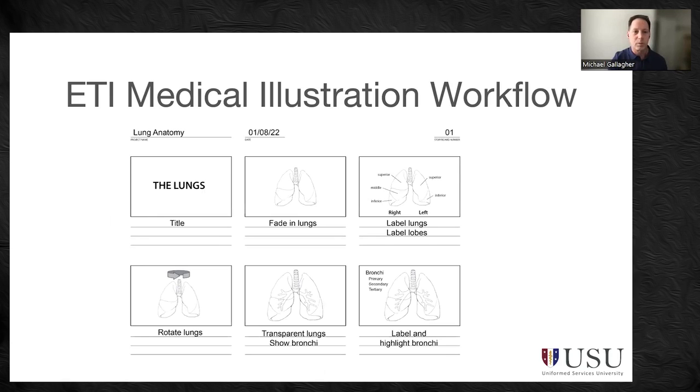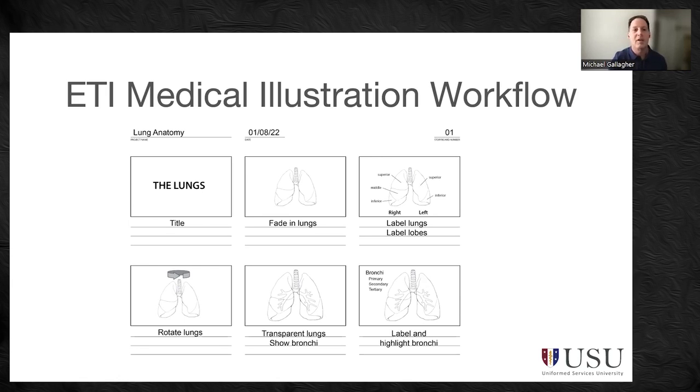To explain the storyboards a little bit, I've created a very simple animation of the lungs to go along with my simple illustration project. This is an example of a storyboard, and I'll walk you through it. It's moving from left to right, top to bottom. You see that there's an image. This is what people will see on the screen.